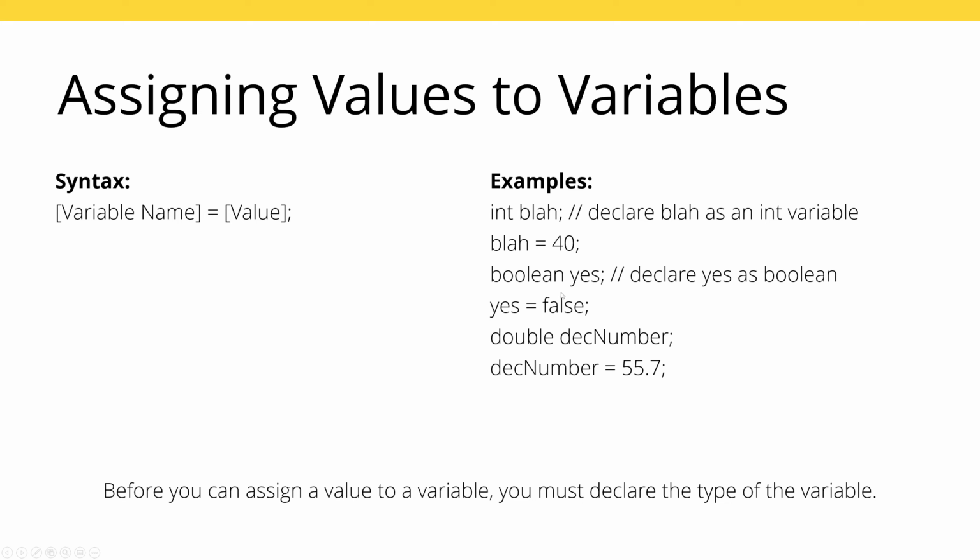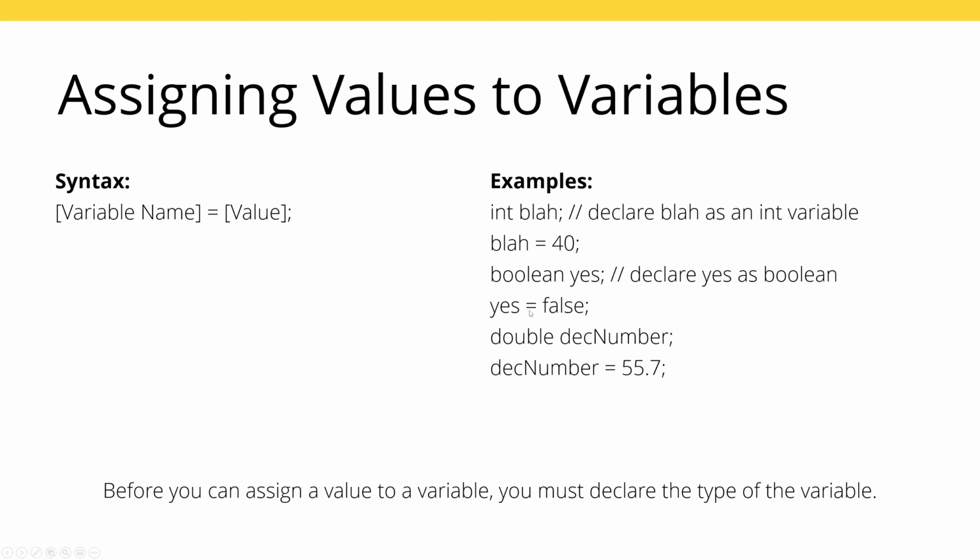Similarly, let's look at the next example. We have the variable type, boolean, and we have the variable name, yes. So we've declared yes is a boolean variable. Underneath it, we are assigning the value of false to yes. So we assign whatever's on the right side to the left.